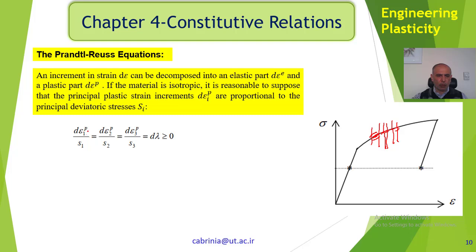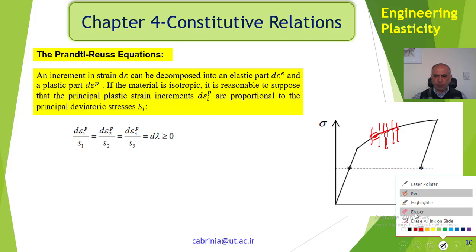So I say d epsilon 1 P over deviatoric stress is equal to a constant. But this constant changes because here we have the same straight line for the elastic part, but here are small increments which we have assumed to be straight lines, and the gradient changes. So this d lambda changes as well.